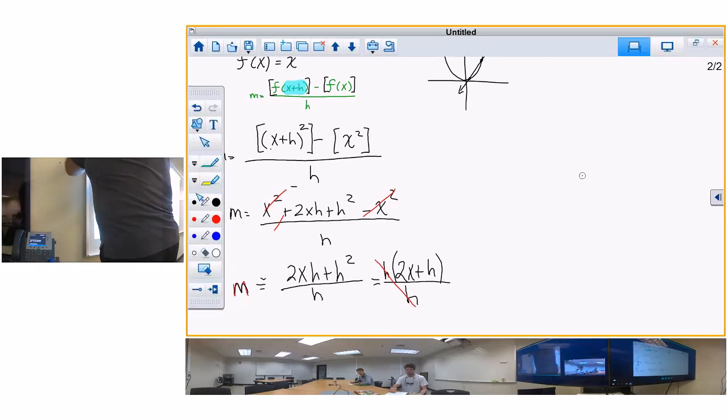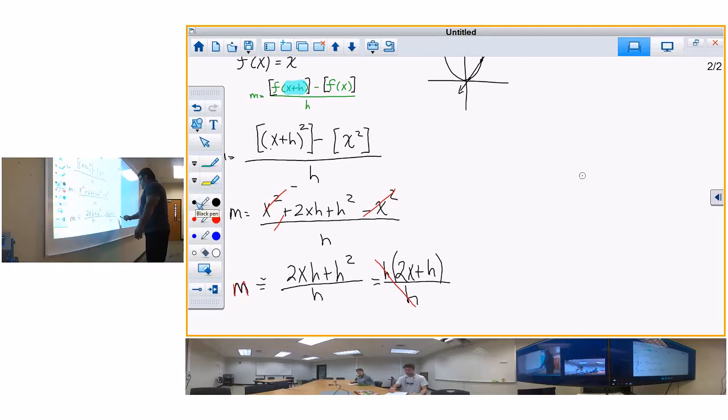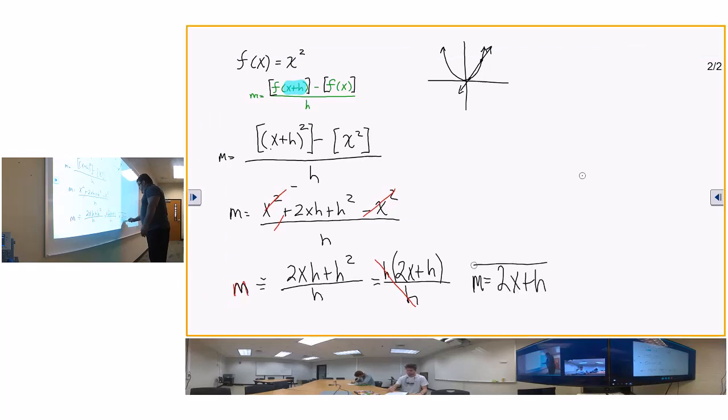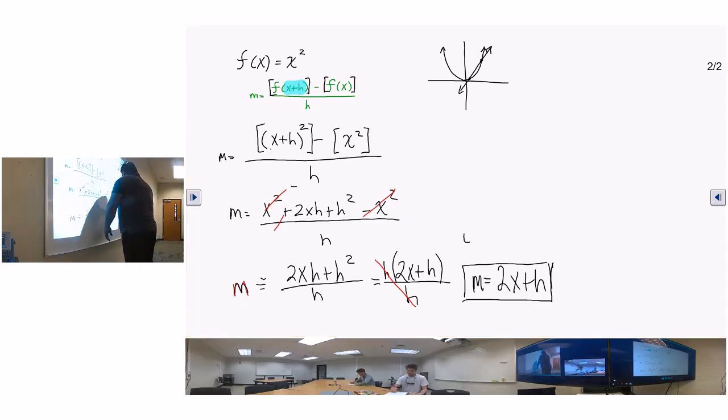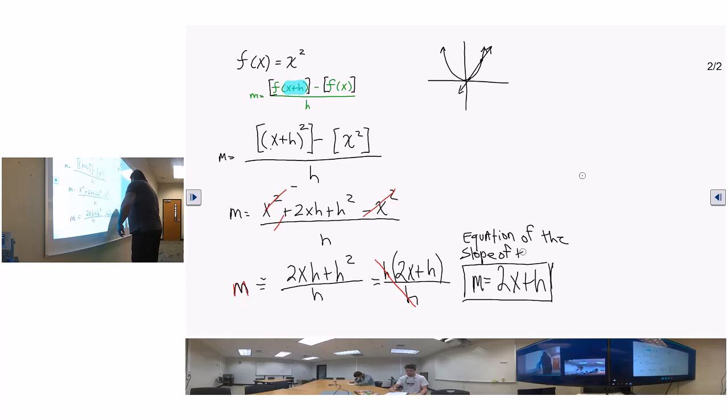So the equation for the slope of the line, let's write this down. M is equal to 2x plus h. That is the equation, and it's very important that you understand what this is. That's the equation of the slope of the what line?